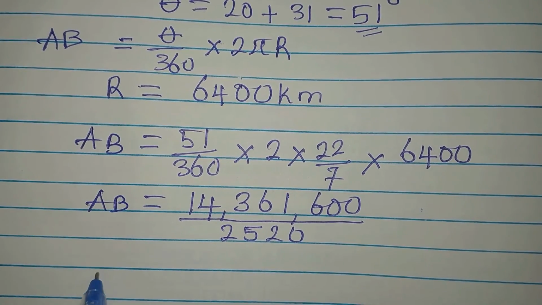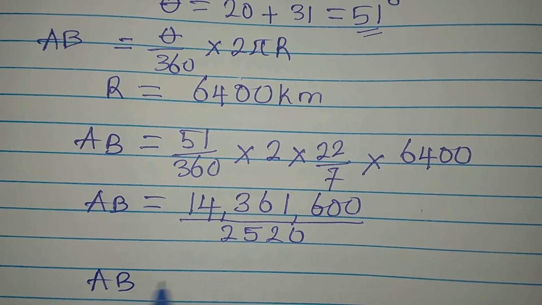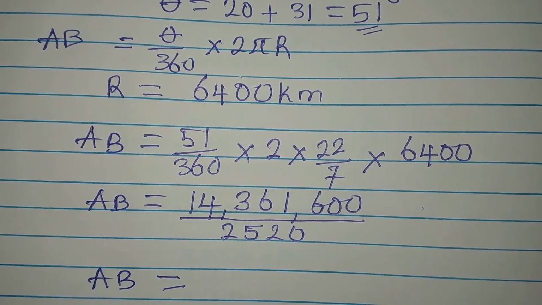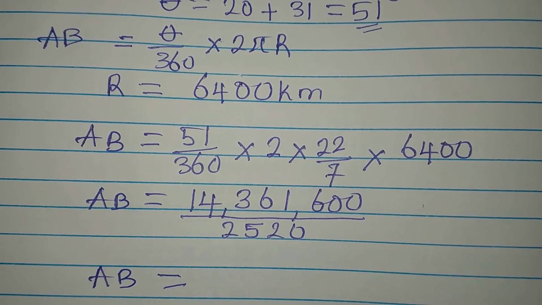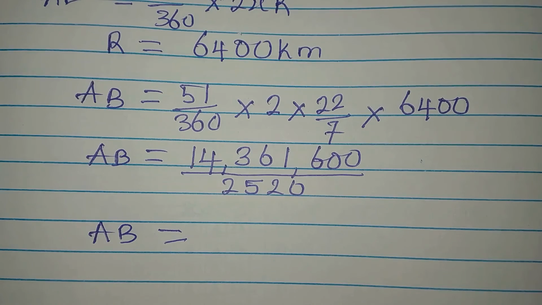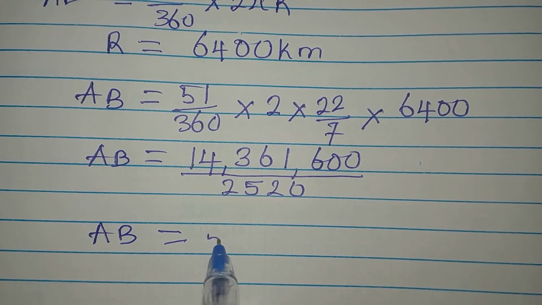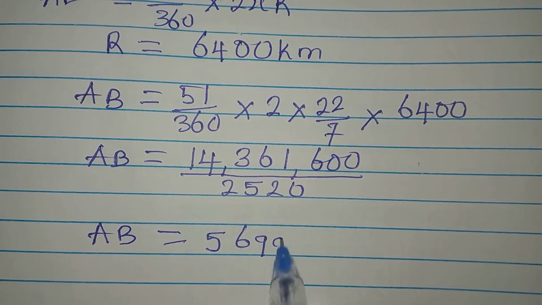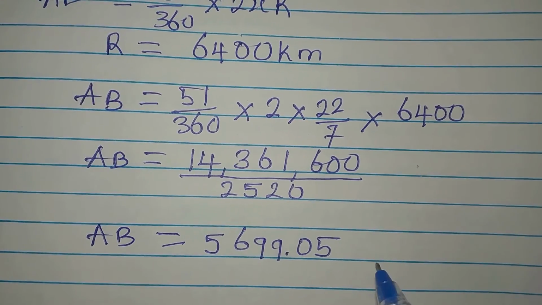So now our AB, the distance between A and B, will now be this 14,361,600 divided by 2,520. Okay, so this is approximately 5,699.05.